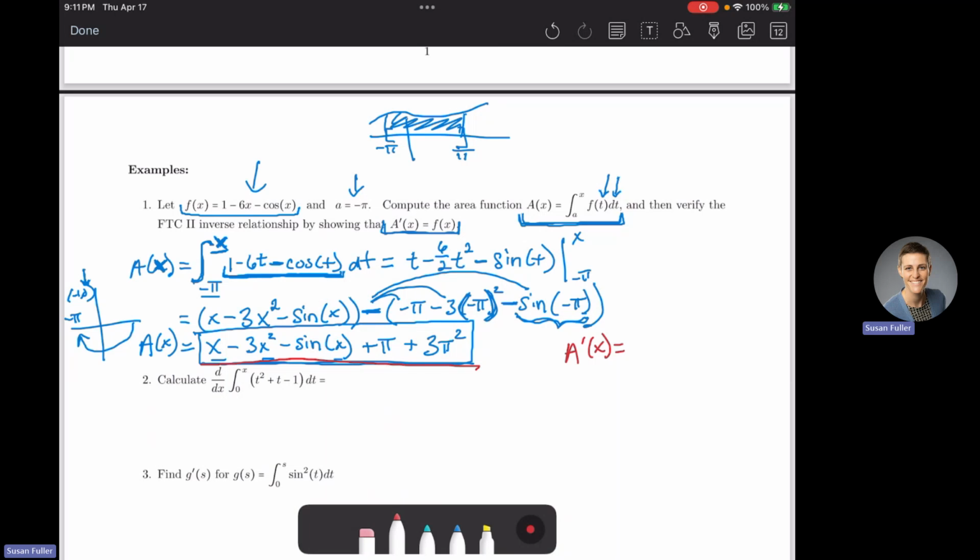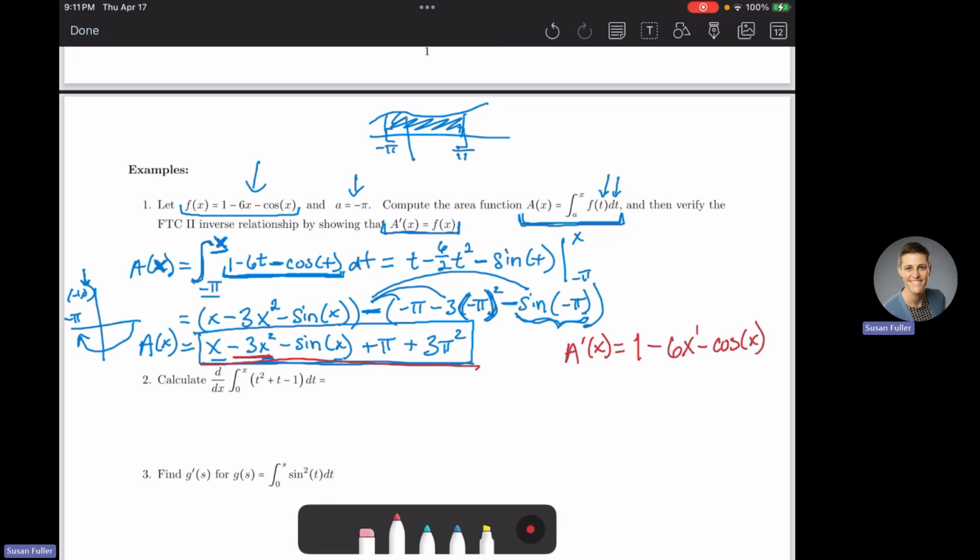Well, the derivative of x is 1 minus the derivative of 3x squared. I'm going to bring the 2 down, and I'm going to have a 6. And then I'm going to subtract 1 from my power, and I'm going to get 6x to the first. Minus the derivative of sine of x is the cosine of x.